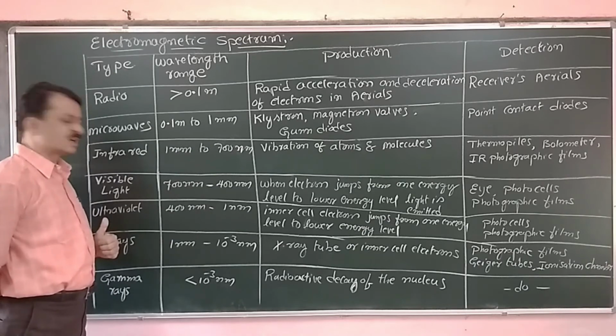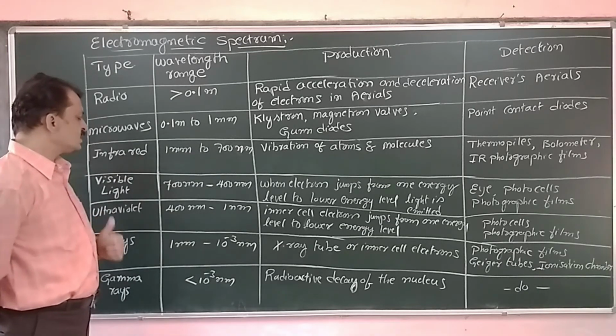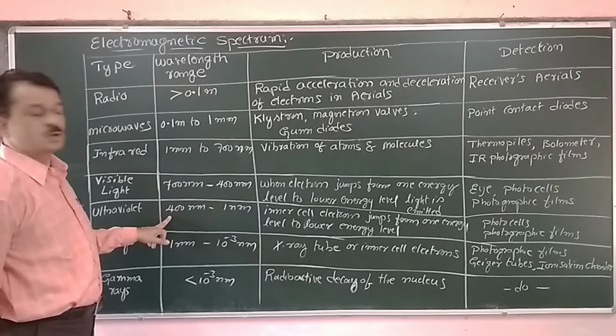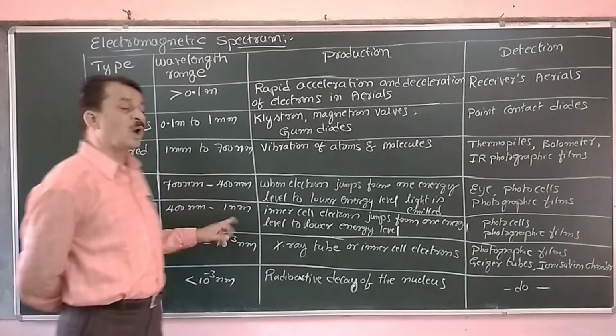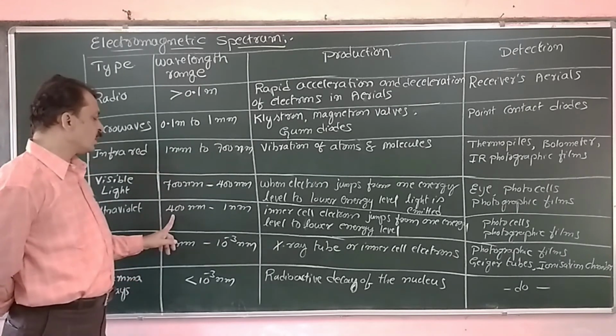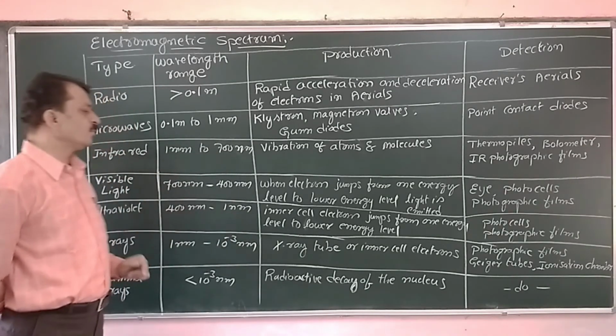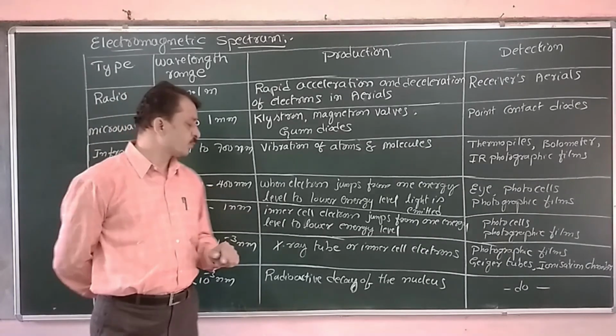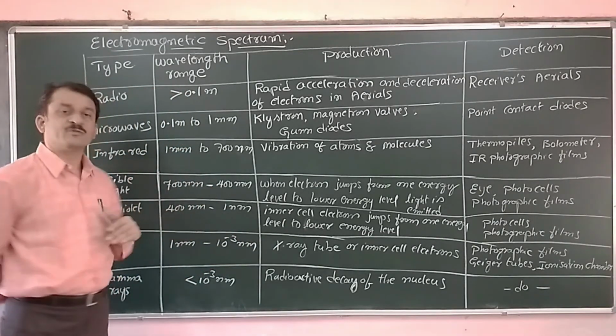Next one is ultraviolet rays. It has a wavelength range of 400 nanometer to 1 nanometer, so the wavelength is decreasing. How are they emitted? In a similar way to visible light.